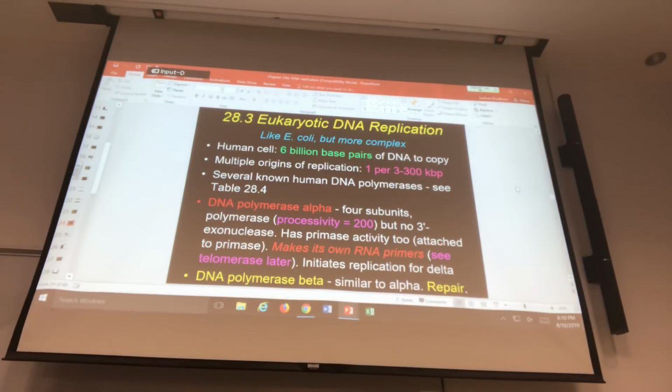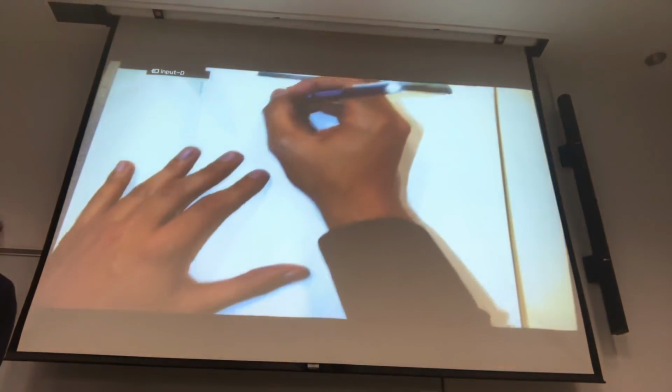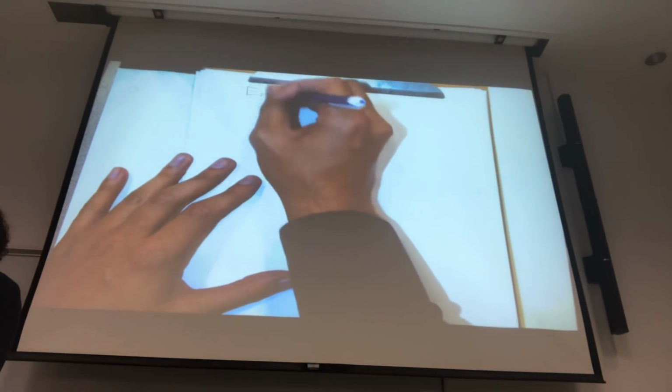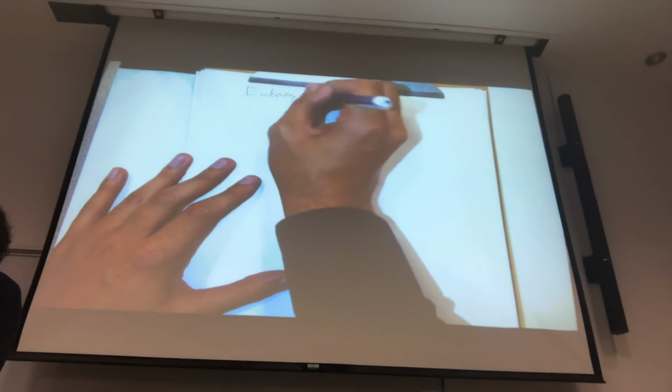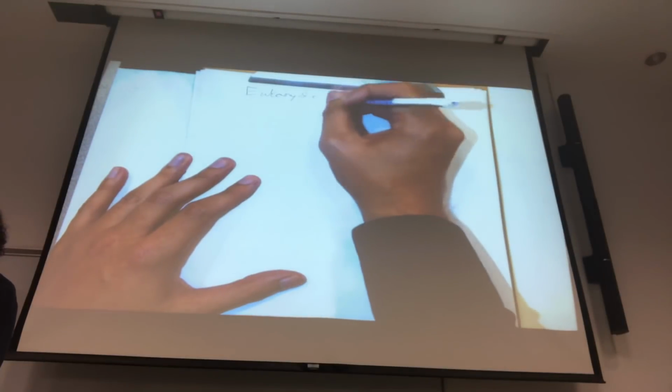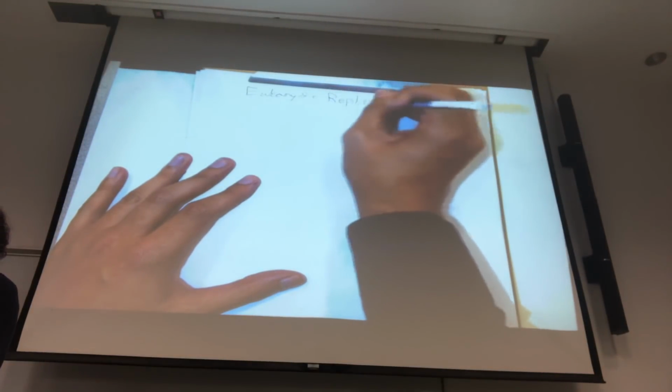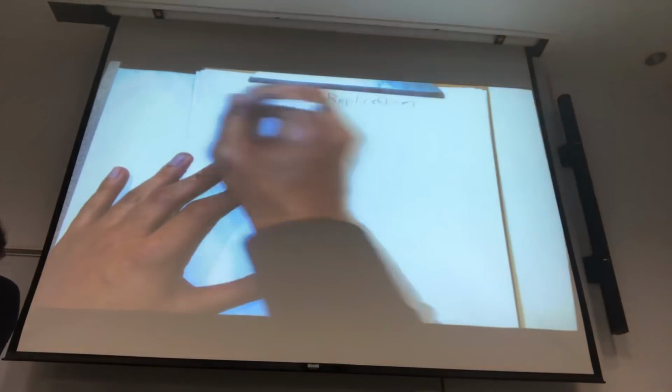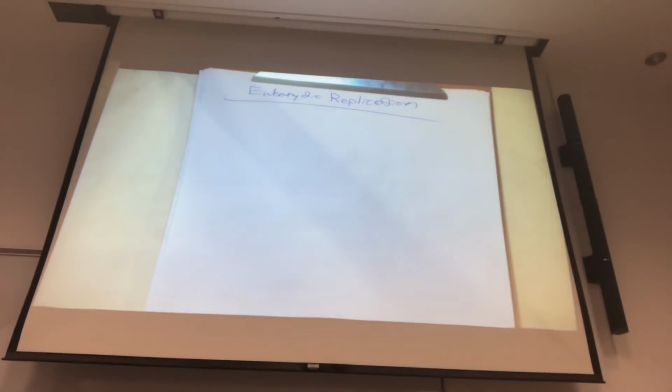All right, so another sheet of paper we're going to need because we're now going to talk about eukaryotic transcription. Did I say transcription? Excuse me, eukaryotic replication. And you might notice that there's less information that's necessary when you compare it to prokaryotic replication.